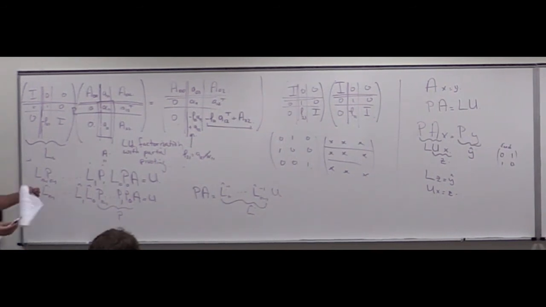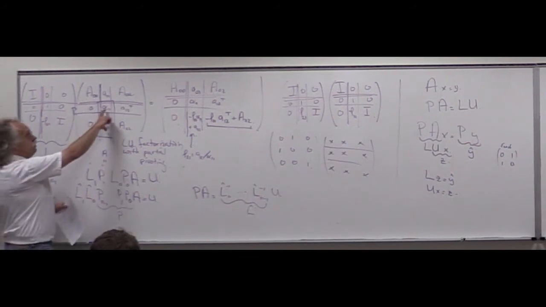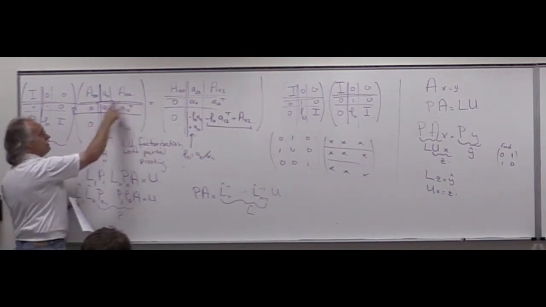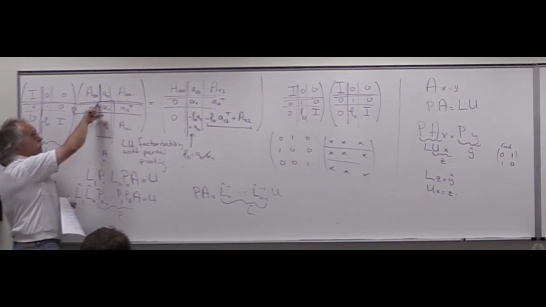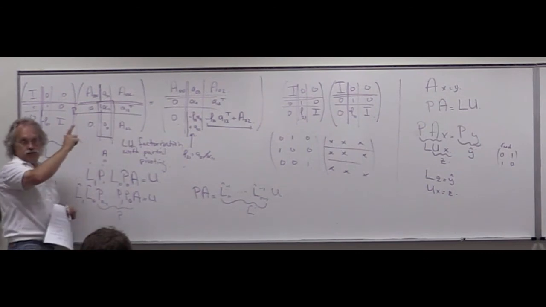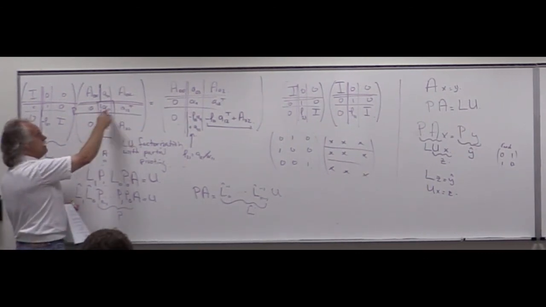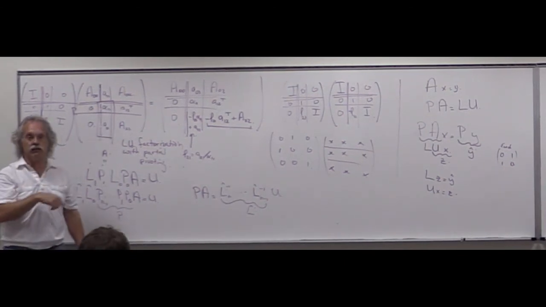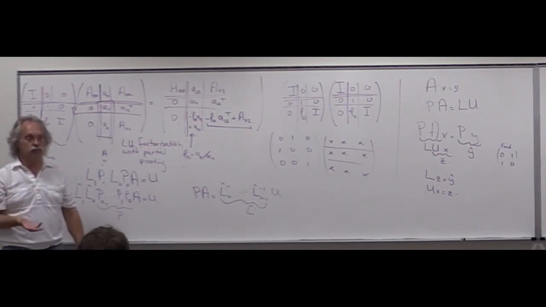Essentially, in complete pivoting, instead of looking for the largest value in absolute value here, you look for the largest value in absolute value in the entire matrix, and you swap both rows and columns. Which, of course, means that you may end up with an even larger pivot entry here, which may mean that you end up with even smaller entries in L and U, and there's some benefit to that.